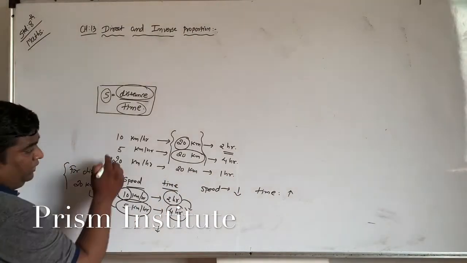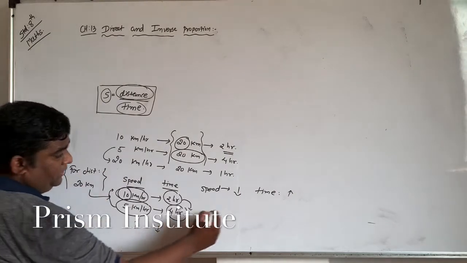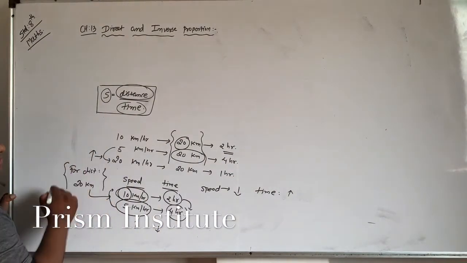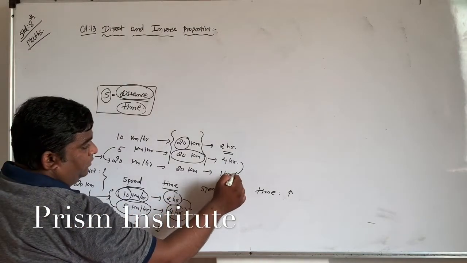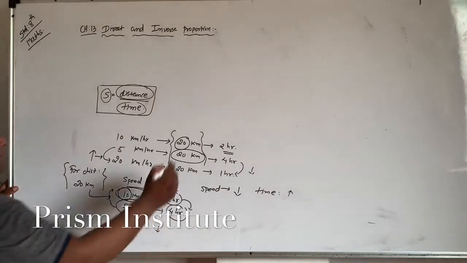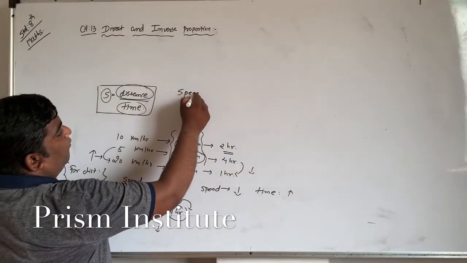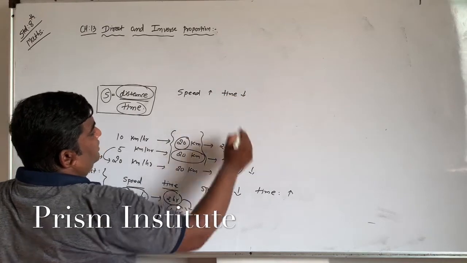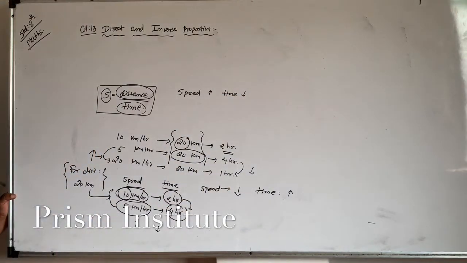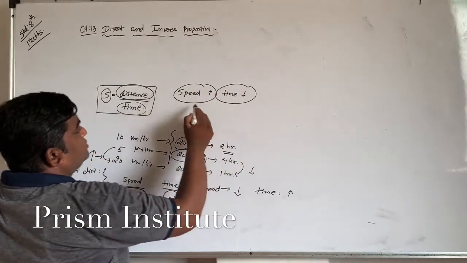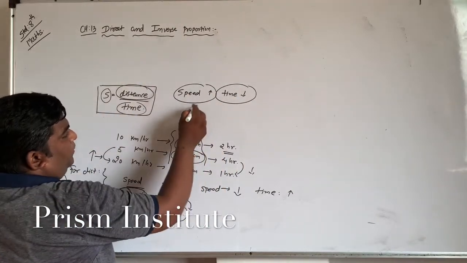So from this to this, speed is increased, and at that time the time is decreased. So we can say that if speed is increased, time decreases. This kind of relation is known as inverse proportion.